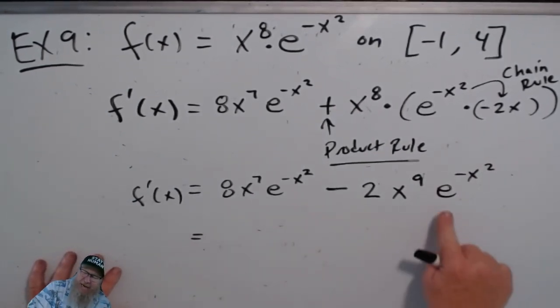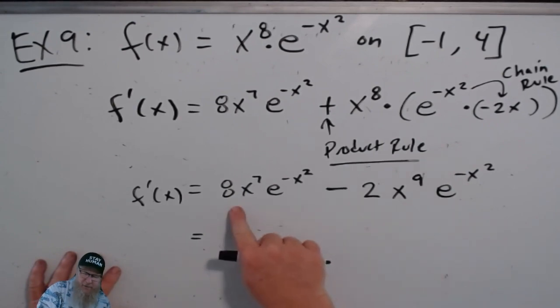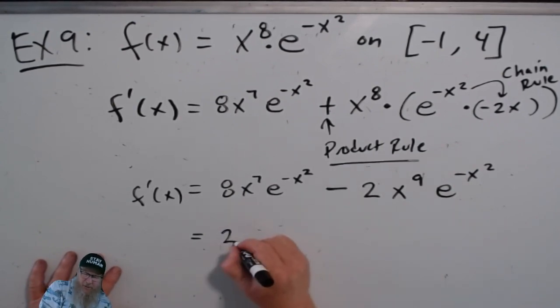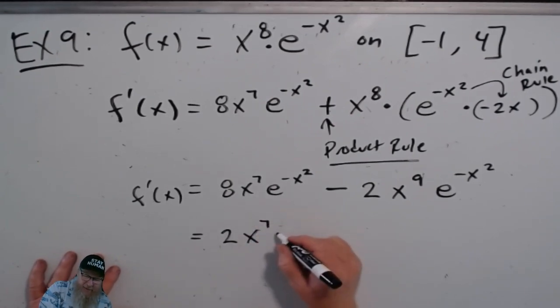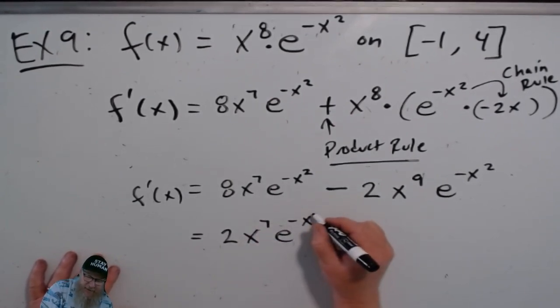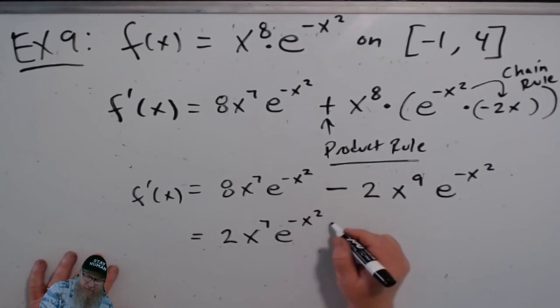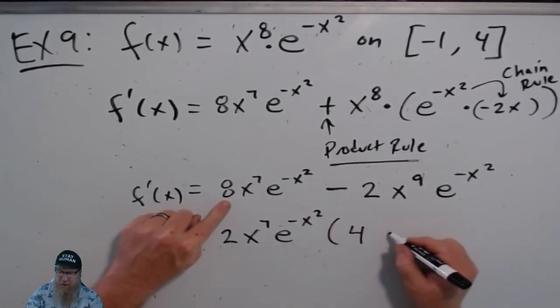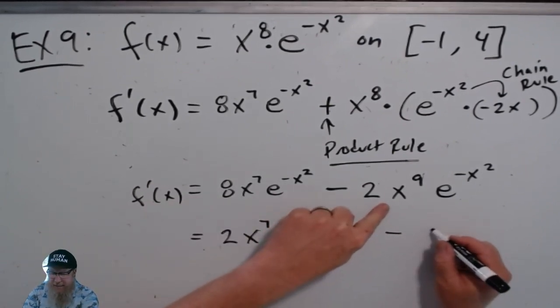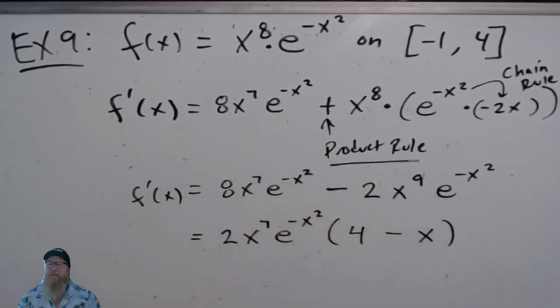Let's factor out 2x to the 7th, e to the negative x squared. That'll make this a 4 minus x squared.